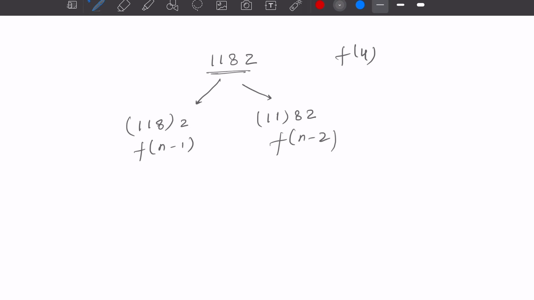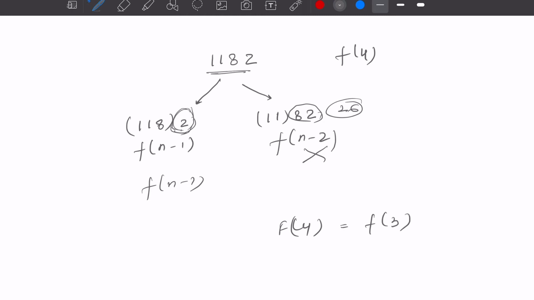Now this is fine because this is not 0 and this will always be less than 9, so we will take f(n-1). But 82 is greater than 26, right? So there can be no possible combination, so we will not consider this. Which means f4 will be equal to f3, right? So in this way we will also check the conditions where the combination is going outside of the range.